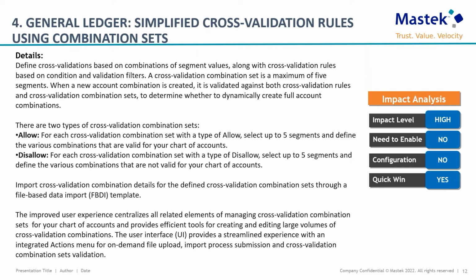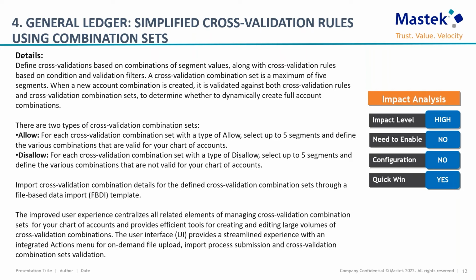Now there can be two types of combination sets that can be created. One is allow and one is disallow. So for example, if we create an allow type of combination set, for any accounting combination that is being generated, if it is in the allow combination set, the system will allow it to be created. The second type is the disallow combination set.